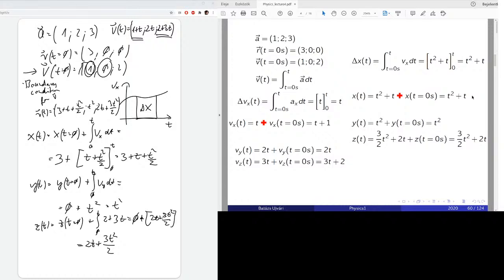So that will be the result of how a particle moves which has the constant acceleration 1, 2, 3, and the initial condition at t equals 0 is 3, 0, 0, and its initial velocity is 1, 0, 2. On the presentation, I will add the plus 1 here, now the plus 3 here, since it has an initial 3 at the beginning.